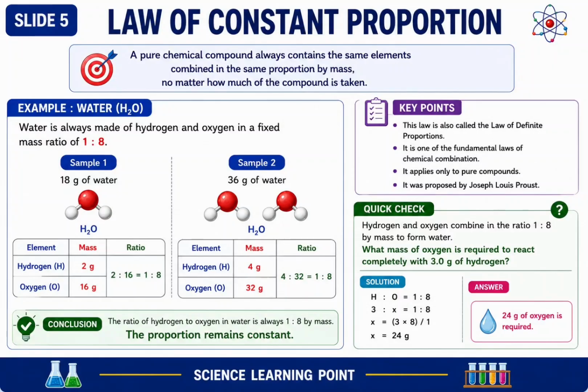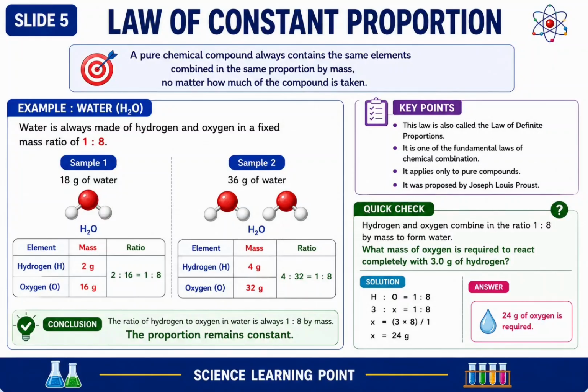Now imagine making a glass of water. Whether you take one glass of pure water or one big bottle of pure water, water always contains hydrogen and oxygen in the same proportion by mass. For example, 18 grams of water contain 2 grams of hydrogen and 16 grams of oxygen.